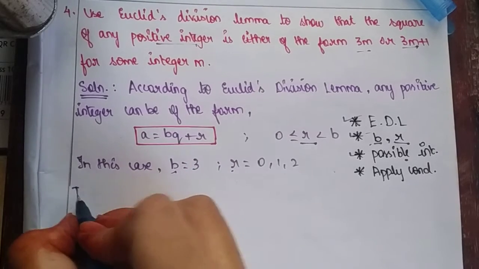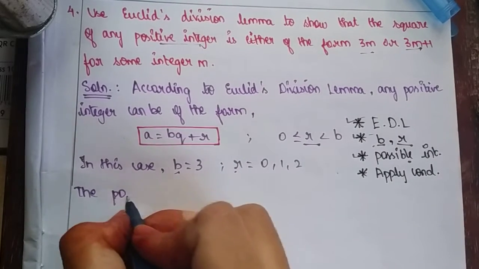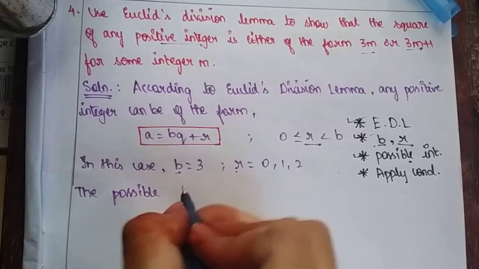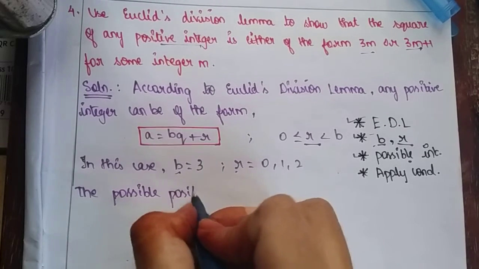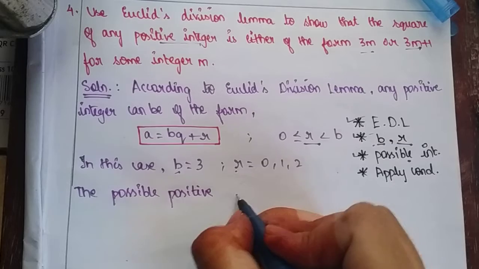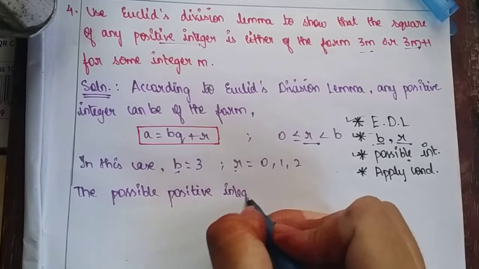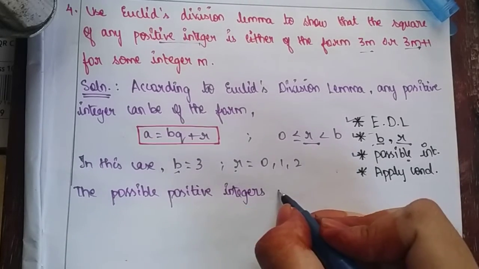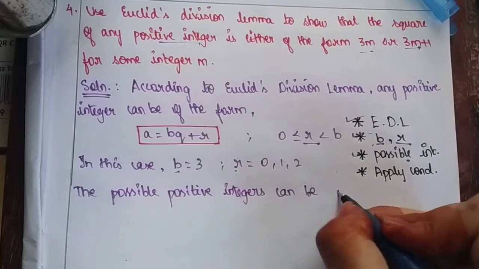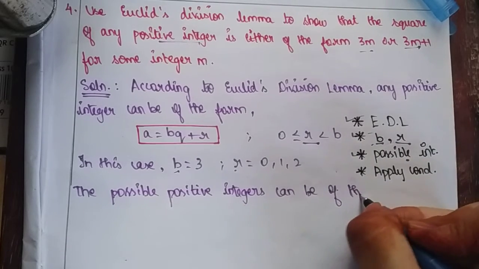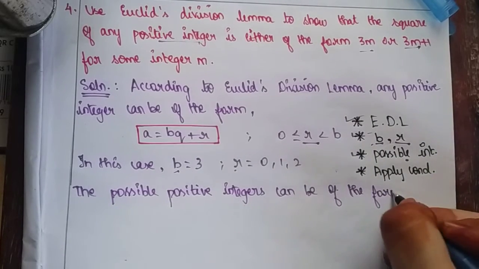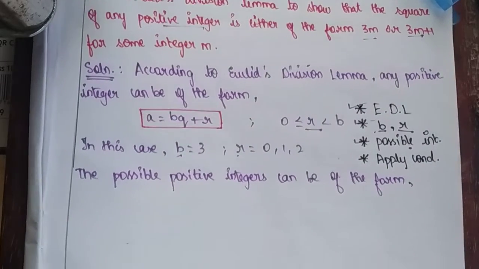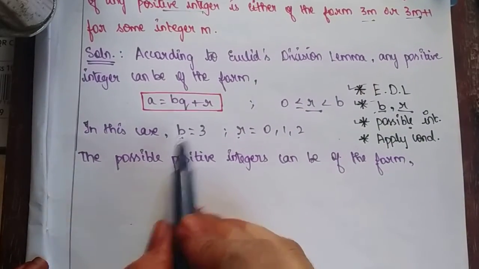So the possible positive integers can be of the form, I'm just substituting these values of b and r.